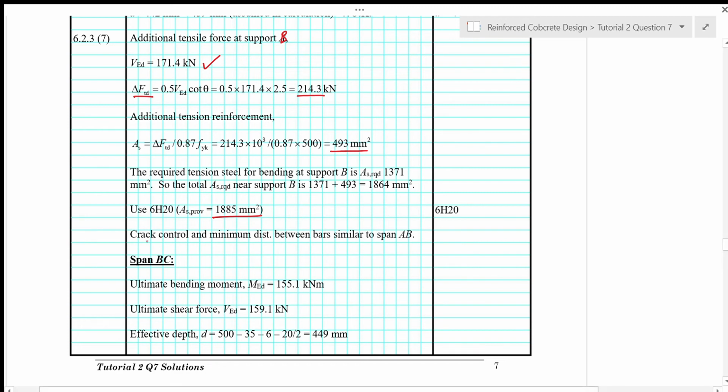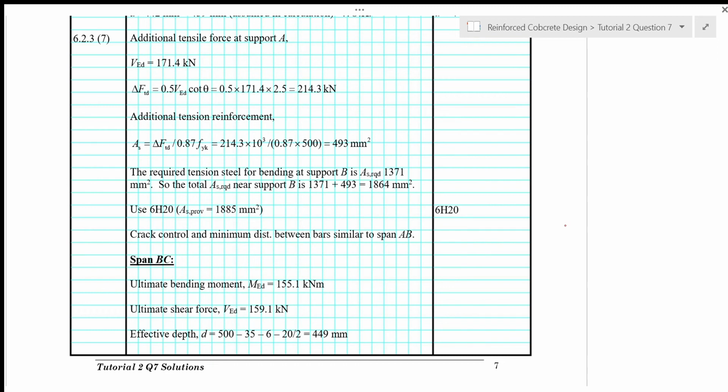So crack control and minimum distance between bars calculation at support B is similar to span AB. So for that you can do the calculation on your own. So next we want to look at the design for span BC. So span BC, the design moment is 155.1 kilonewton meter near the middle of span BC.